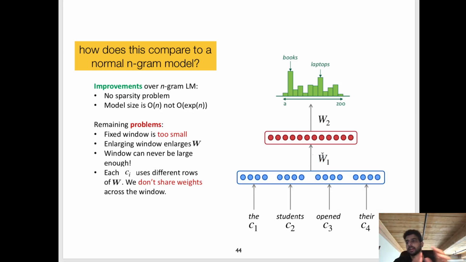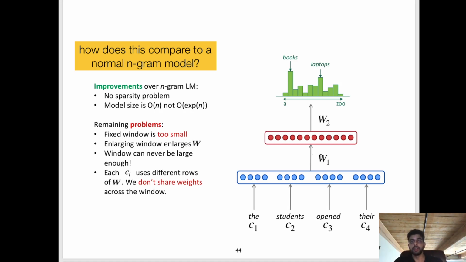All of these get different weights in this weight matrix. And so this can be a challenging optimization problem, right? If I see the word students in position 83 versus 92, do I really want to use separate weights to handle this, or do I want to share weights?